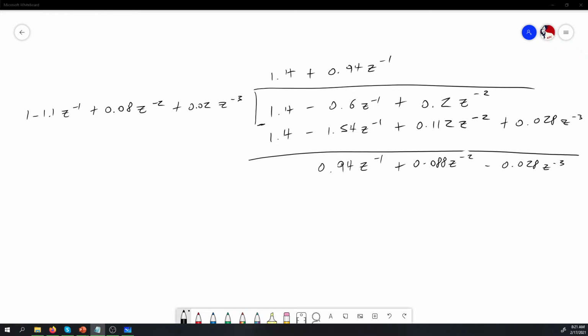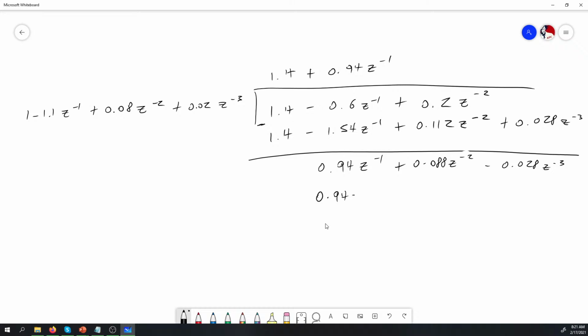0.94 z to the negative 1 times 1 gives us 0.94 z to the negative 1. Then we multiply by negative 1.1 z to the negative 1, and that's going to be negative, minus 1.034 z to the minus 2.